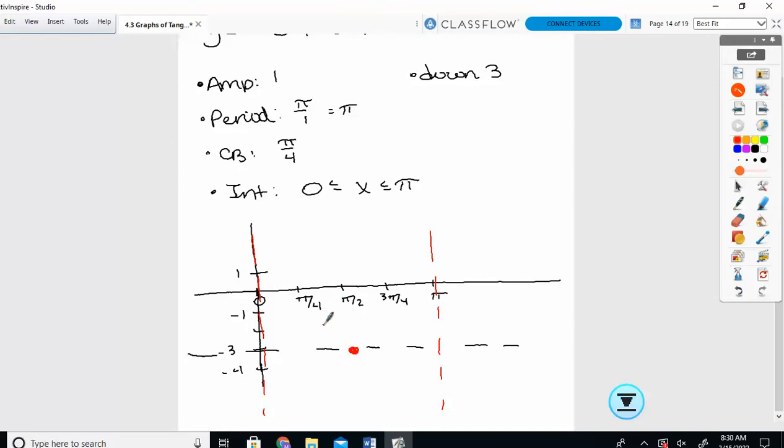Then what does the graph of cotangent look like? Does it rise or fall? If you think about pi over 4 is in quadrant 1, so it should be positive. So you go up, our amplitude is 1, so we go 1 above this line. So at pi over 4, we go 1 below.